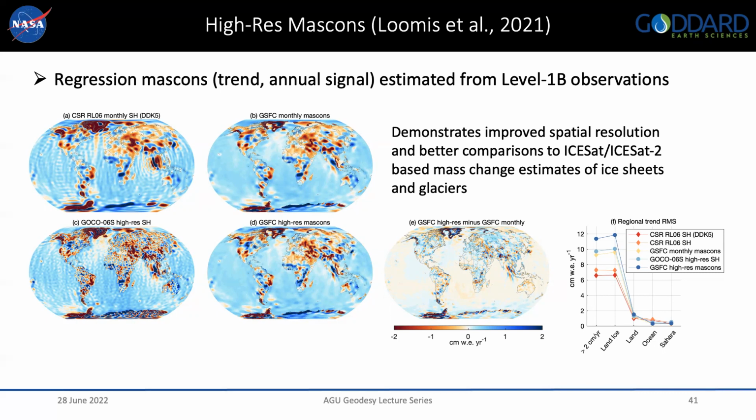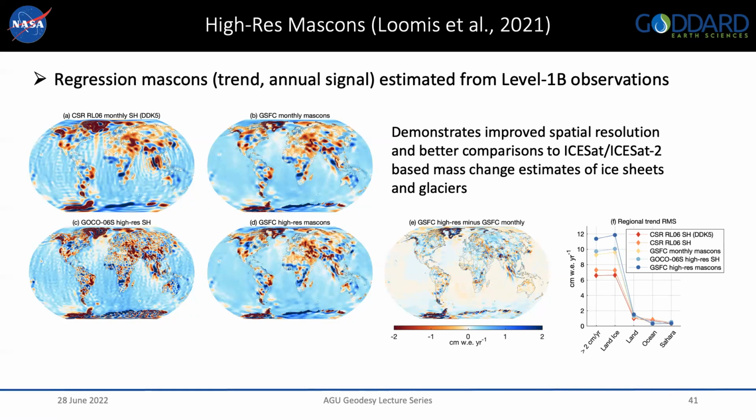And instead accumulate 20 years' worth of along-track measurements in order to estimate just the trend, or the trend and the annual signal. The big difference here is that we end up with much better spatial resolution.